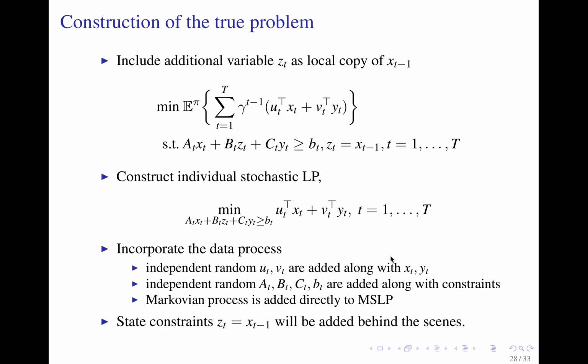So if it appears in the objective, here it is, it should be ut or vt, which means the related decision variables xt or yt have random objective coefficients. So we've overwritten the add var routine in Gurobi such that you can incorporate those random objective coefficients at the same time as you add those variables.